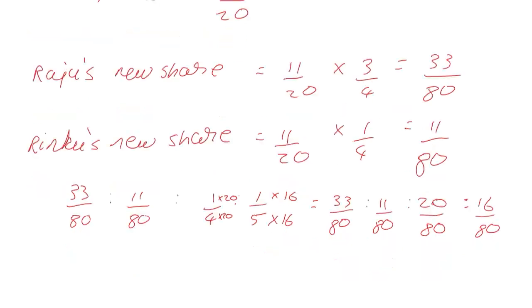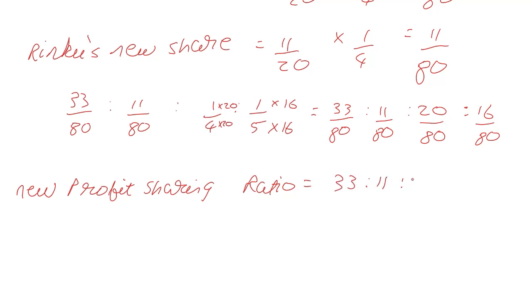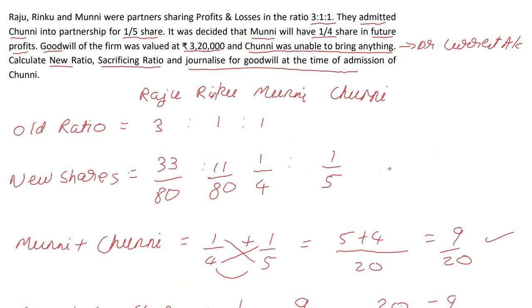And now the 80 can get cut across the board, and the new profit sharing ratio is going to be equal to 33 is to 11 is to 20 is to 16. As long as your maths is fine, there's no problem. But yes, it's a bit lengthy.